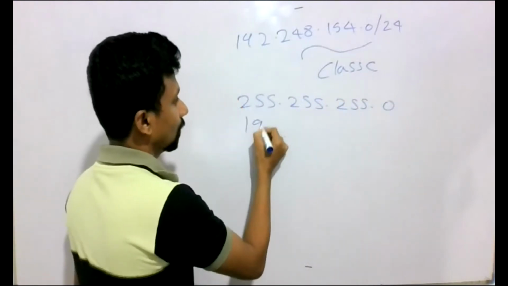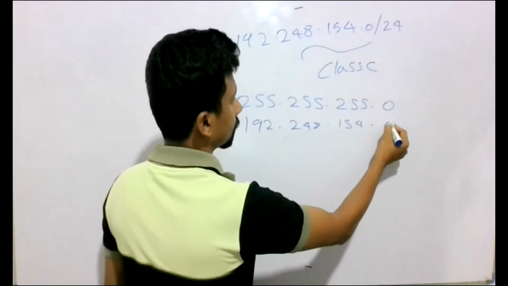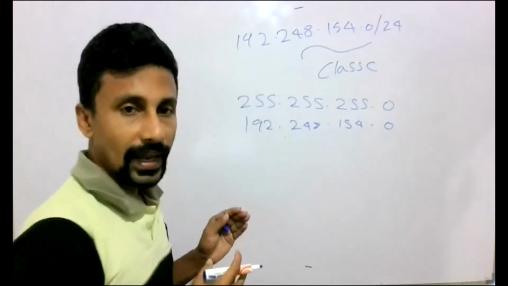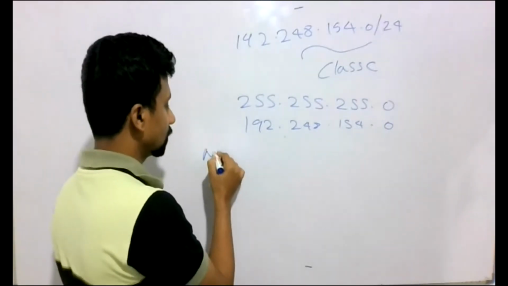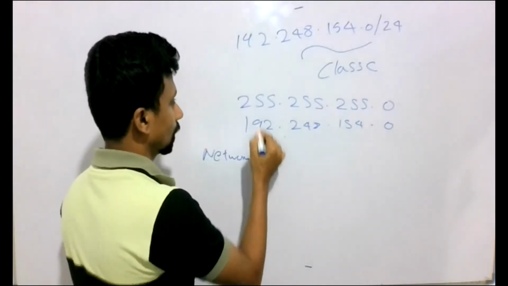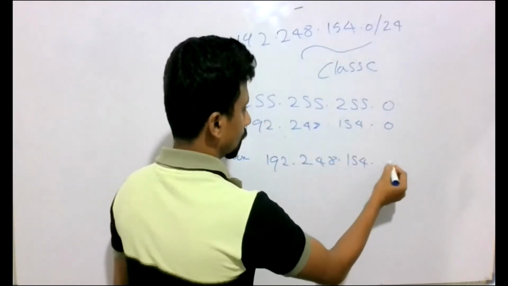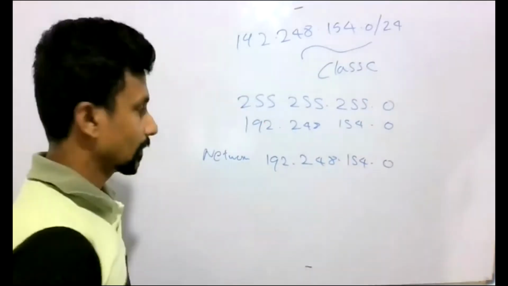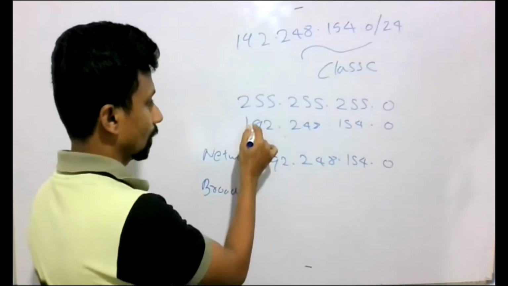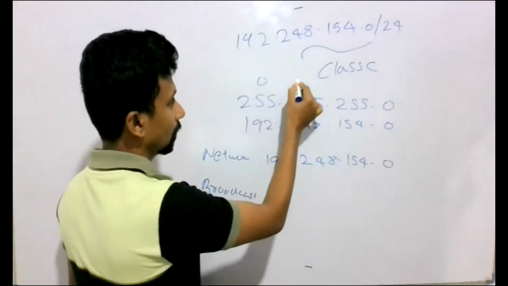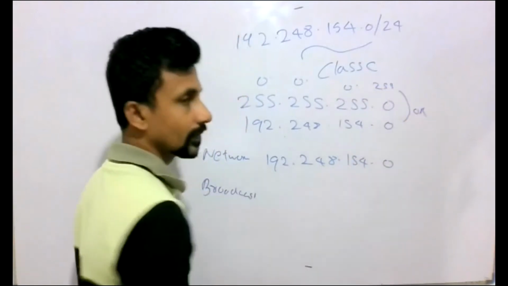If I write the address like this and put an AND gate, you can get the network address. For the broadcast address, invert the mask to get 0.0.0.255 and combine the two with an OR gate.